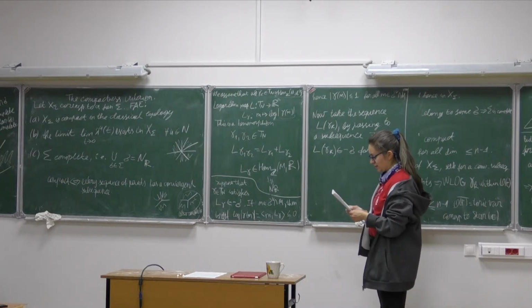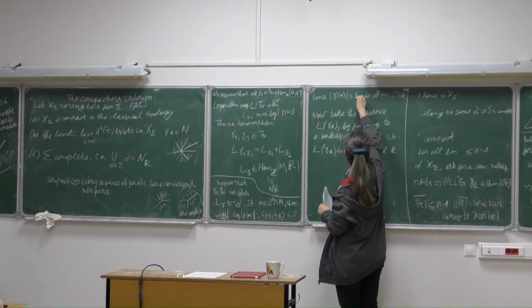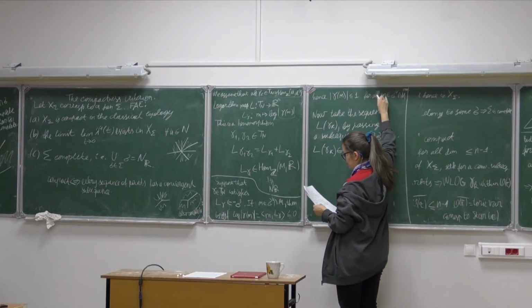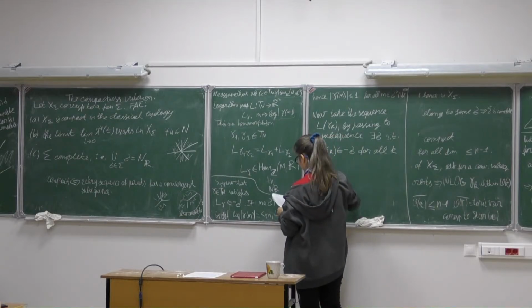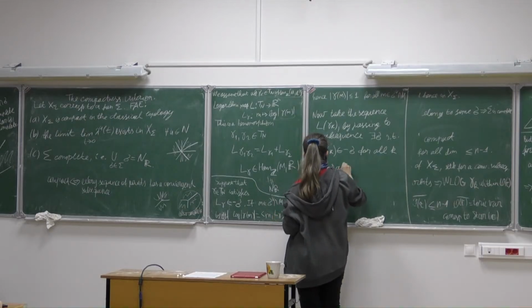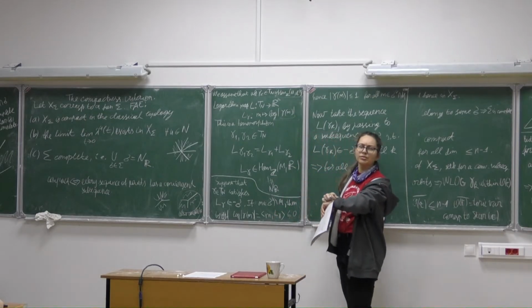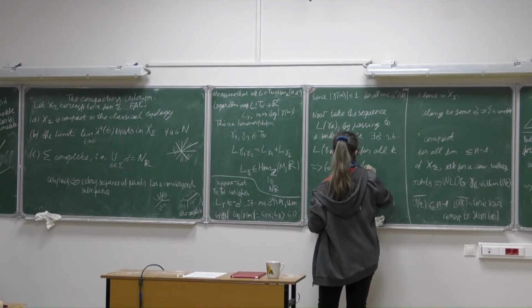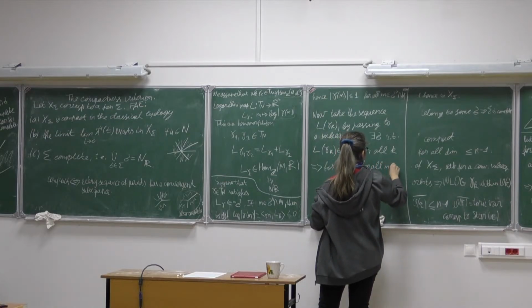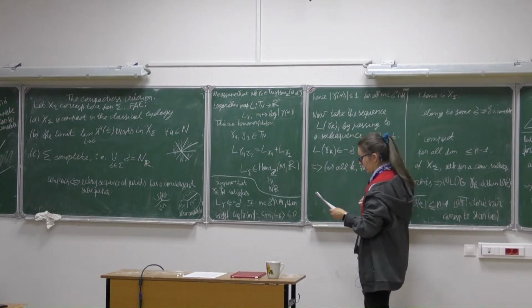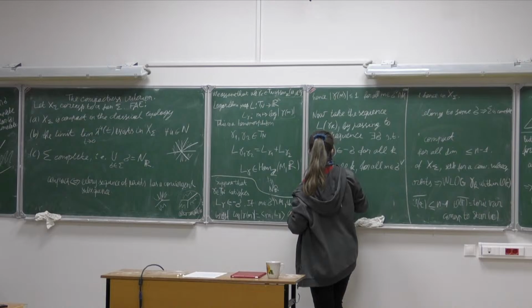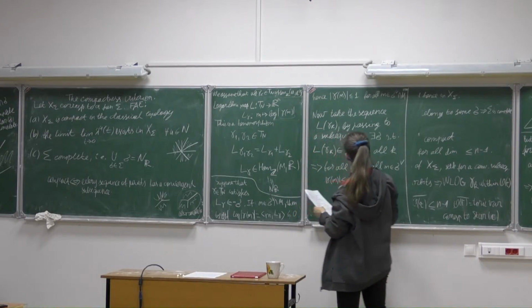What next? We say that for all monomials from this, their values will be bounded for all k. For all k and for all m from sigma check, we have that gamma m is not more than 1. What does it mean?